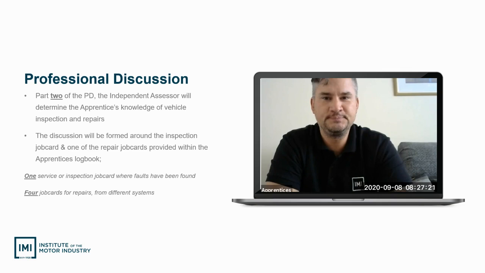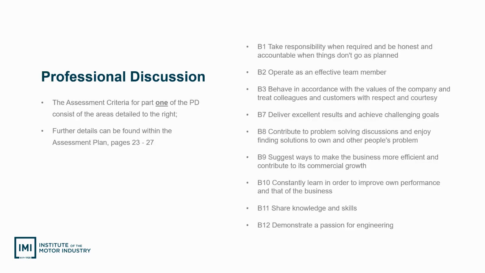This discussion will be based on one of the 5 workplace job cards that the apprentice will submit in their logbook. The independent IMI assessor will inform the apprentice which job card and task will be discussed prior to the professional discussion. The behaviours to be discussed are detailed on this slide. Further details and requirements can be found within the assessment plan for this standard.